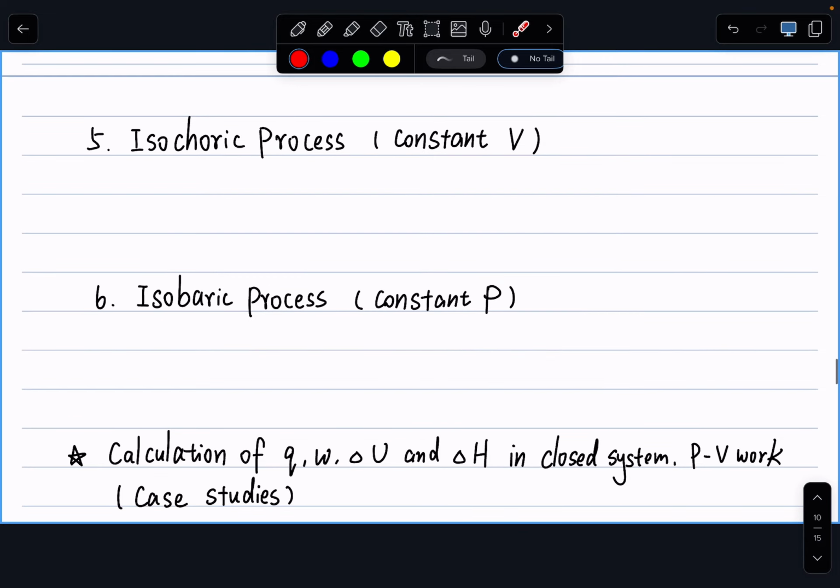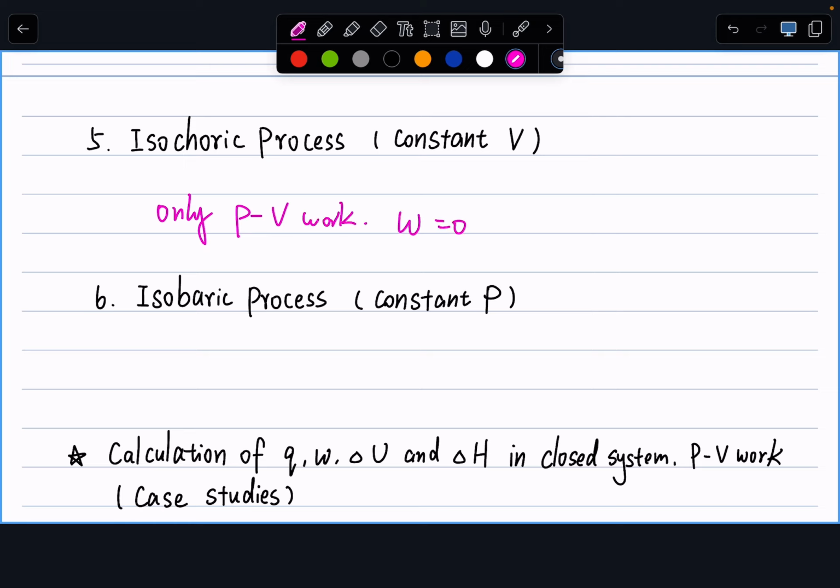All right. And then we have two more. We have the isochoric process, which is constant volume. If only PV work is considered, then my work equals 0 if there's no volume change. Or, the other way to put it, if we're only talking about PV work and there's no volume change, my system is not doing work on the surroundings or vice versa.